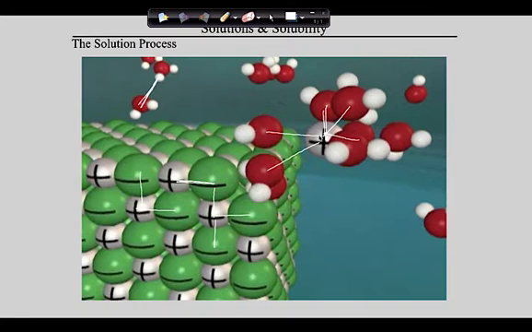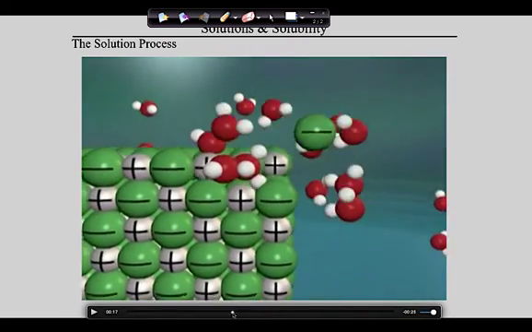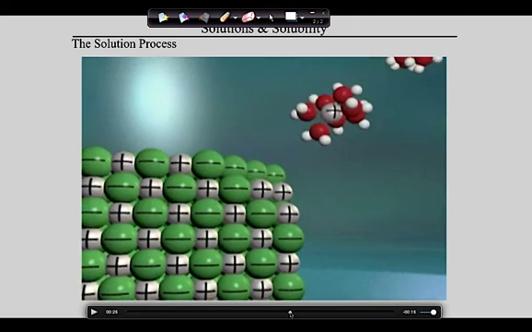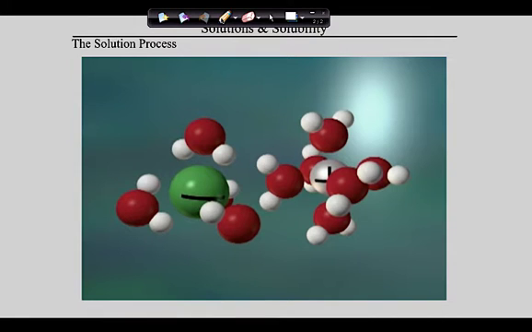Now, guys, let's talk about the terminology that we're going to use here. I want to go away from this for a minute and then come back to it. But in going away, I want to take you over here because I think it's a better image of what we're talking about. So guys, now what we've got is a clear representation of the process that we call solvation.